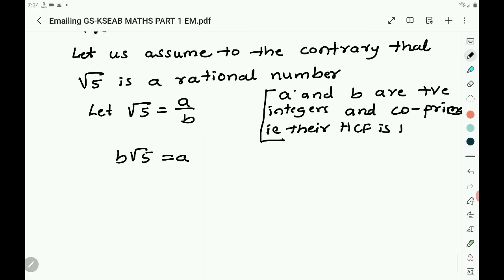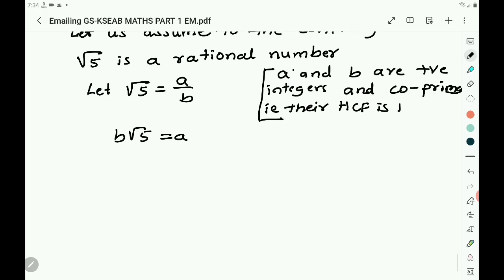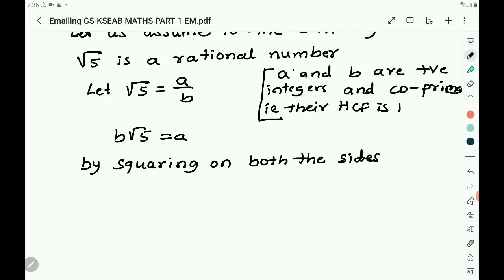Now take the square on both sides. Squaring on both sides, b root 5 whole square equals a square.